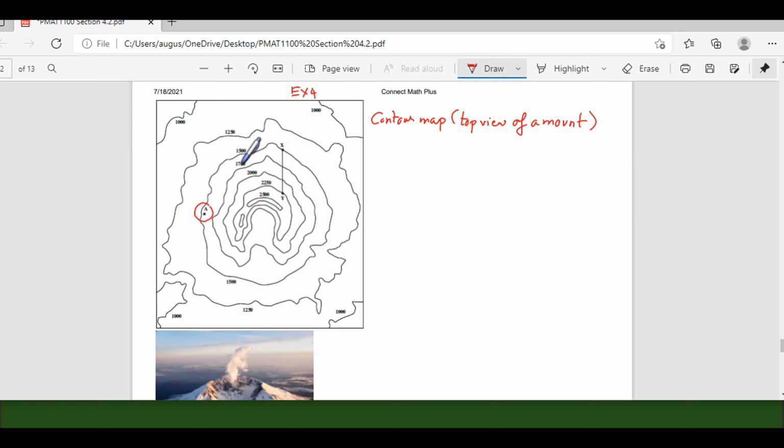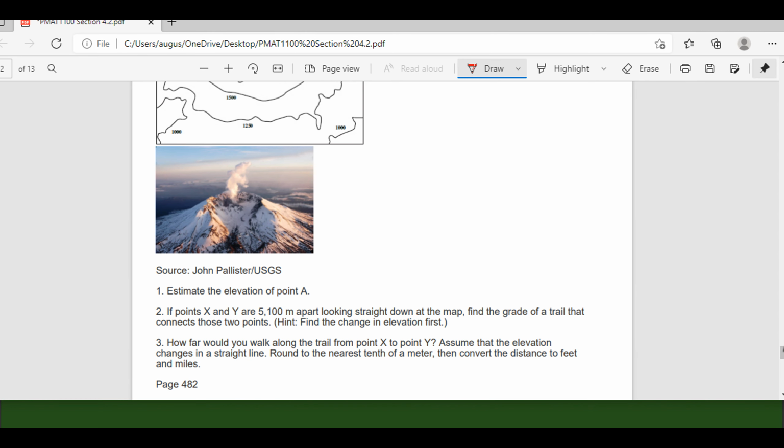Between these two curves, 1500 and 1750, point A is between them. So I can say the estimated elevation of point A will be about 1600 meters maybe. It's just an estimation.